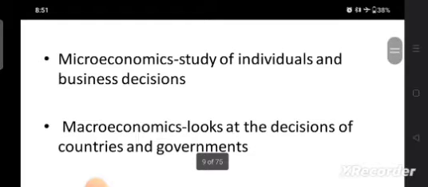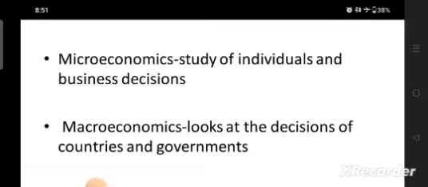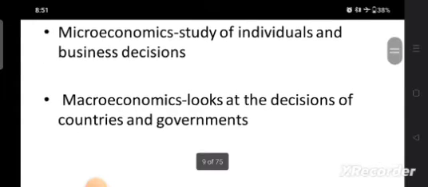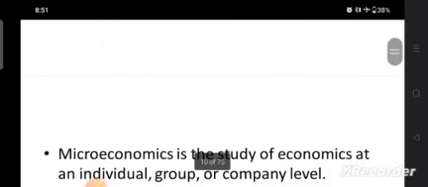Macro means large, and it is a branch of economic analysis that deals with the study of aggregates, as opposed to microeconomics. In macro analysis, we study the industry as a unit and not the firm. Macroeconomics looks at the decisions of countries as well as governments.